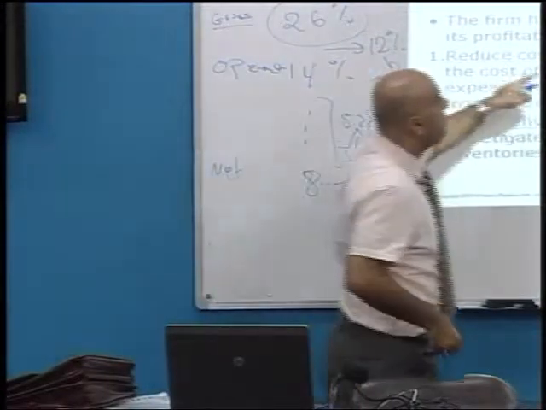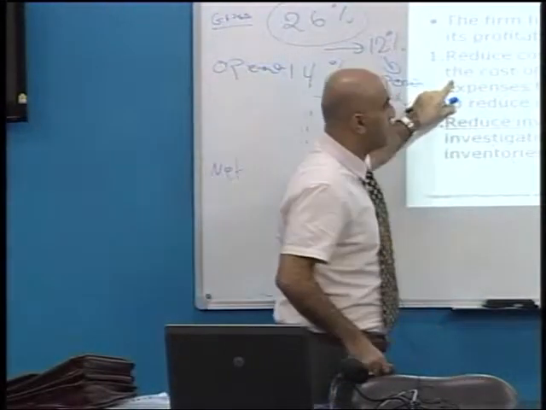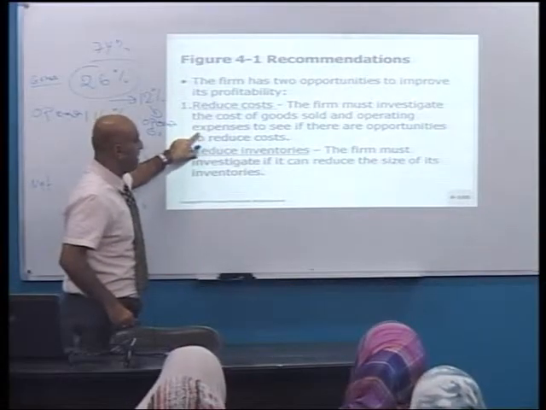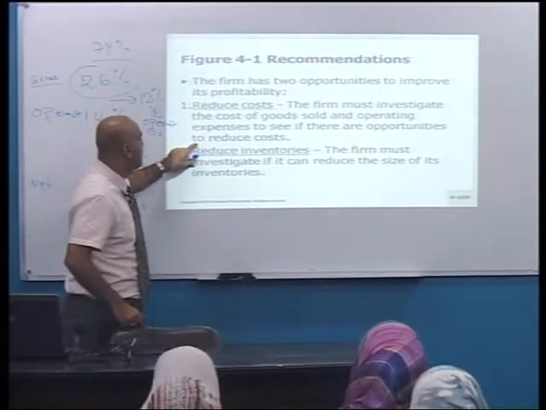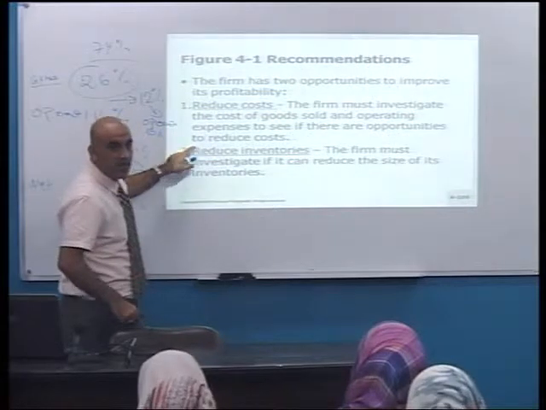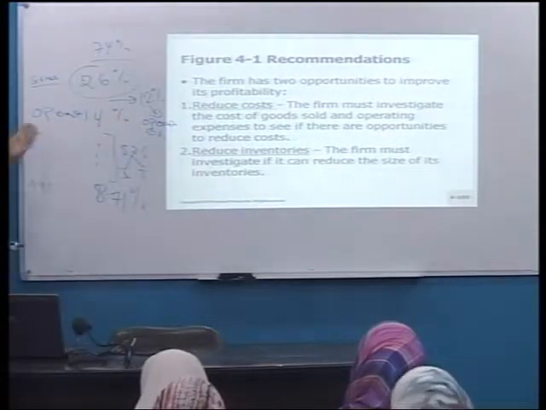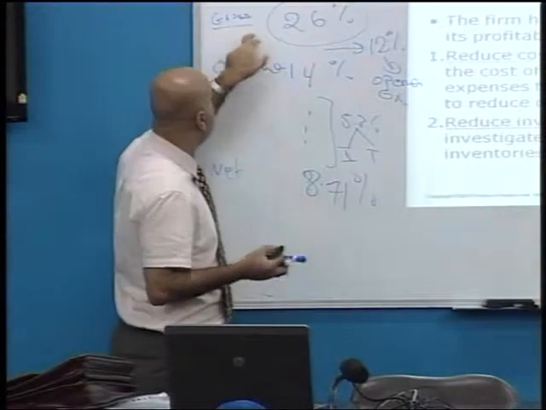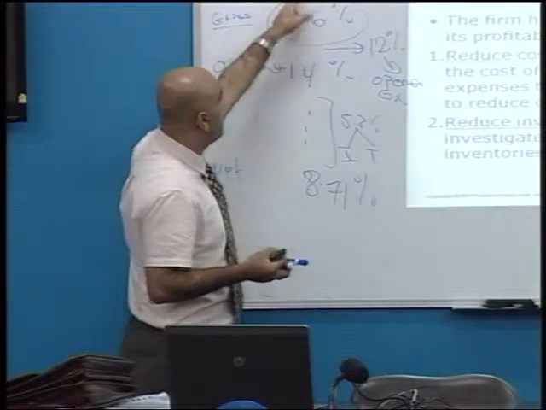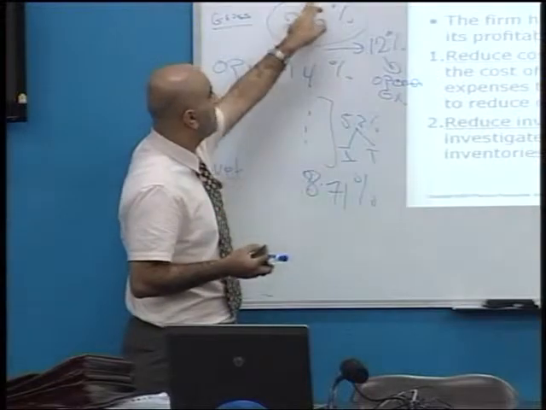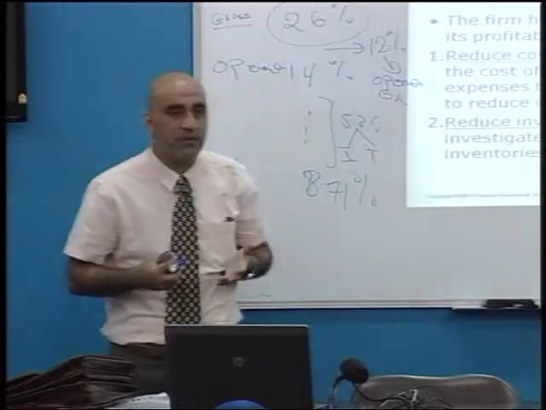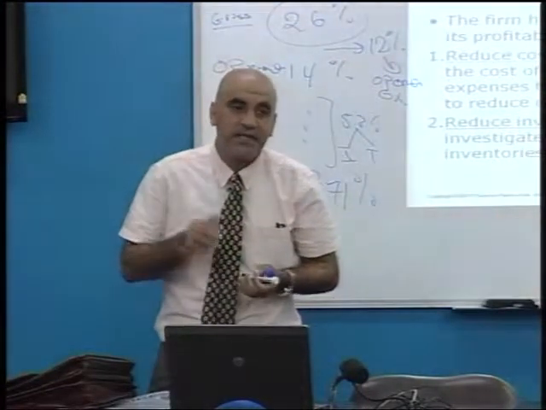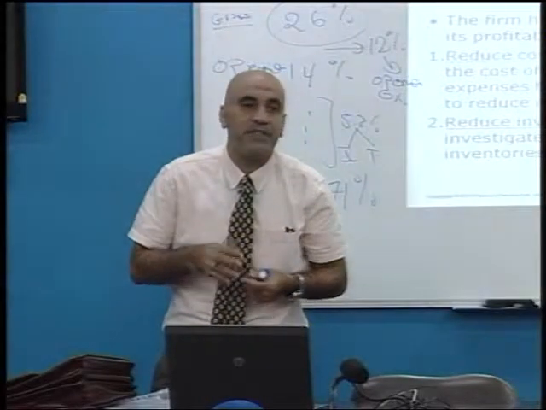So the conclusion is the firm must investigate the cost of goods sold and operating expenses to see if there are opportunities to reduce the cost. But when I observe that the gross profit is 26%, and it means the markup is 74%, generally speaking we have a problem in the cost of goods, and this will influence the return on assets.